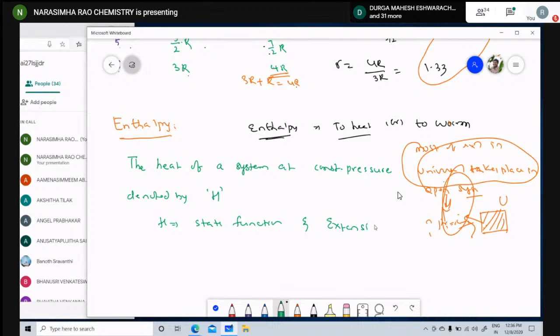What is the meaning of extensive property? It depends on the mass of a substance, depends upon the mass or volume or quantity. Right, children? Now, the mathematical expression of the enthalpy.